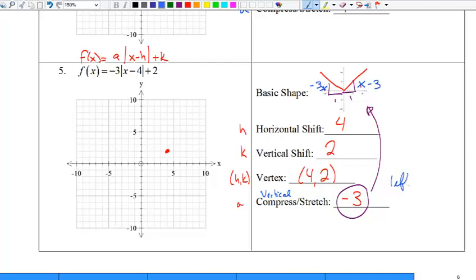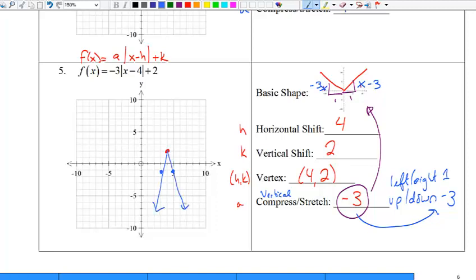To be clear, I'm going to be going left and right 1 because the left and right 1 never changes. But I'm going to go up and down whatever my a is, which is negative 3. So normally I would go left 1 and up 1, but this time I'm going to go left 1 and down 1, 2, 3. Normally I would go right 1 and up 1 for absolute value, but this time I'm going to go right 1 and down 1, 2, 3 because my a is negative 3.